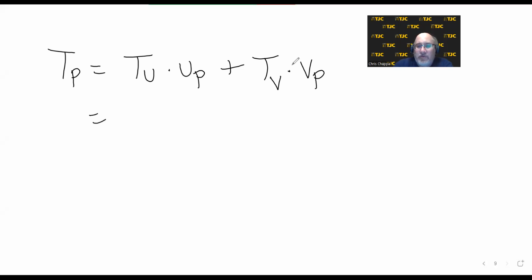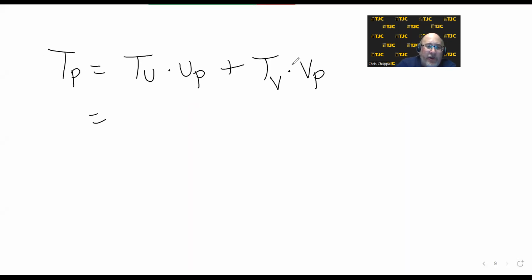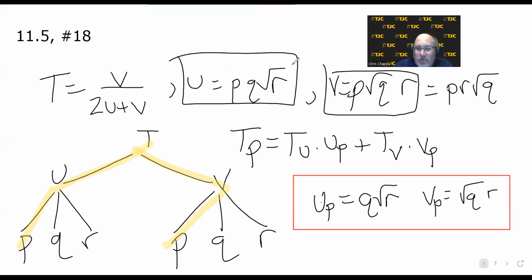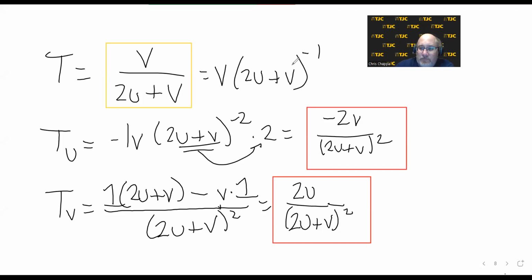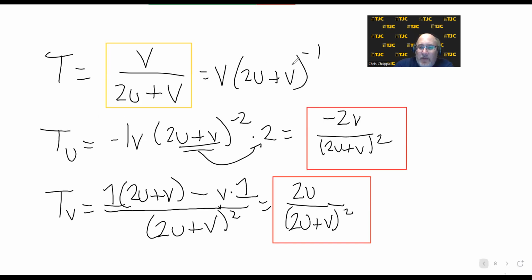The partial derivative of t with respect to u is negative 2v over the square of the denominator, which was 2u plus v, and the partial derivative of u with respect to p was q square root of r, plus the partial derivative of t with respect to v, which was 2u over the square of the denominator.